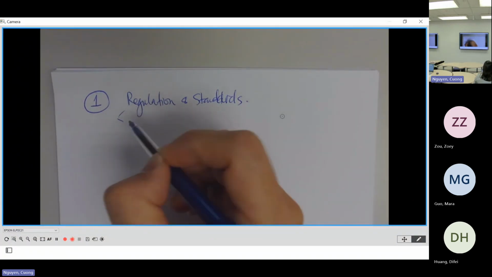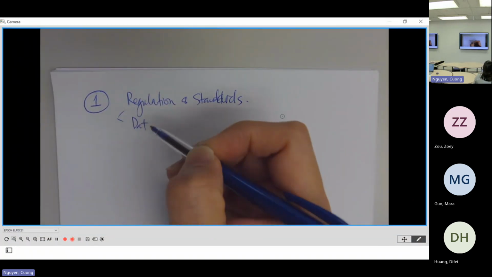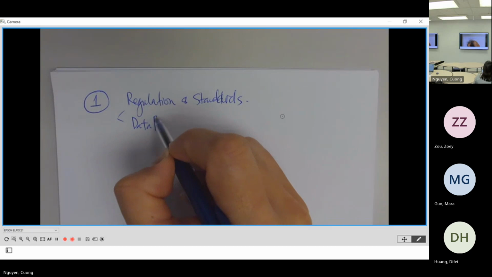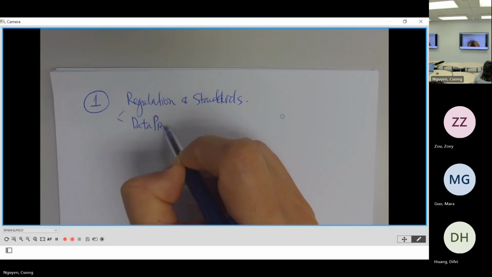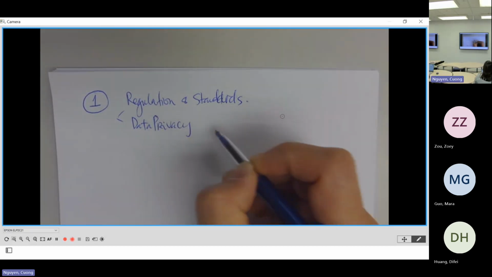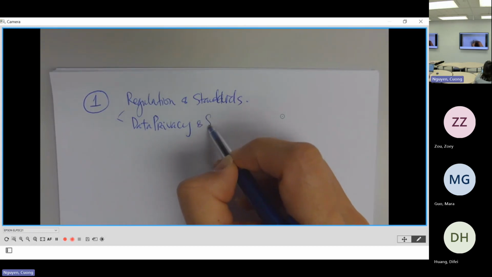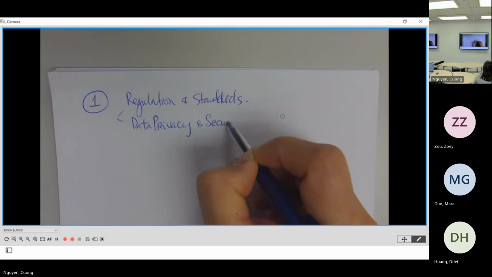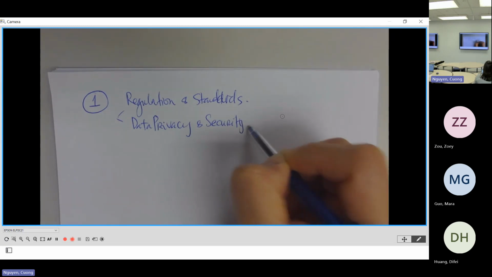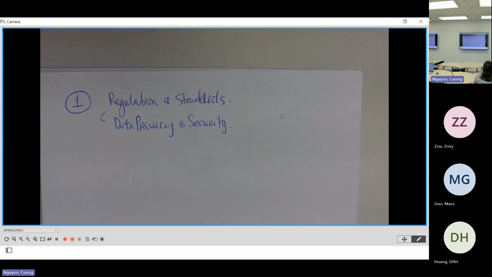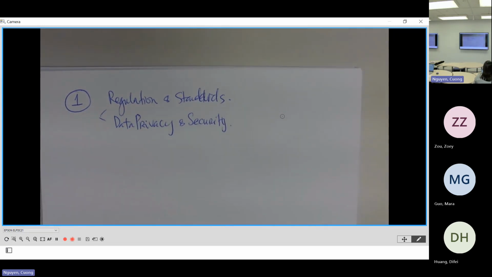We need to have something related to data privacy and security. Remember that is for open banking.